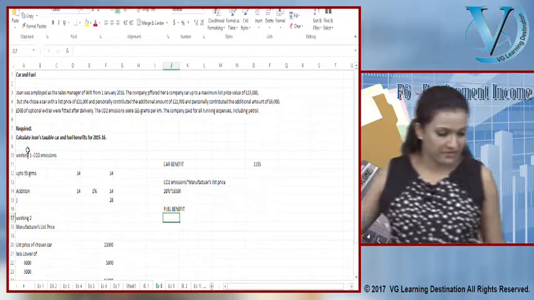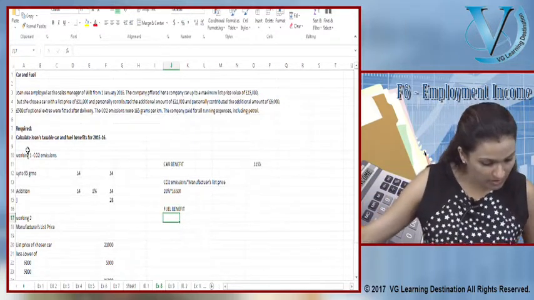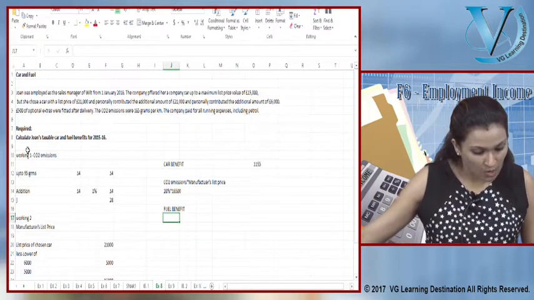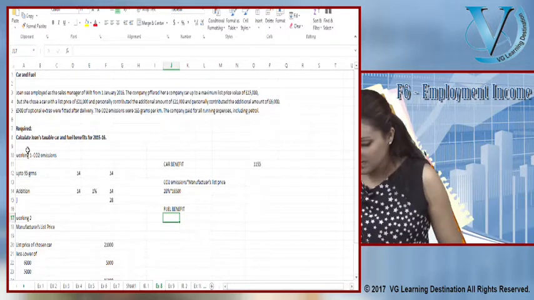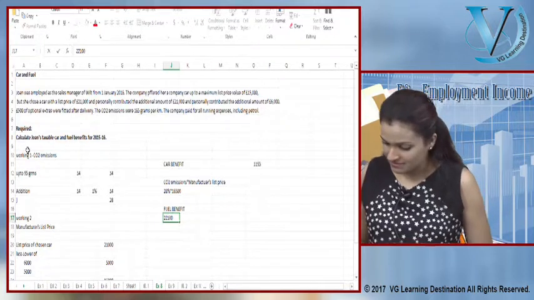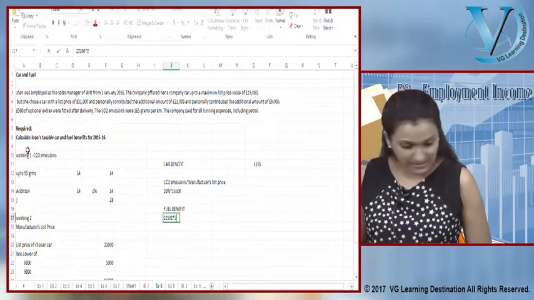The fuel benefit definitely becomes what? You're going to include 22,100, which is the statutory limit that has been given. Multiply this by the CO2 emission level, which is 28%.